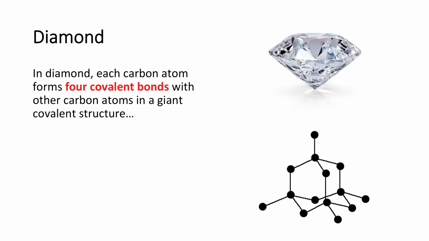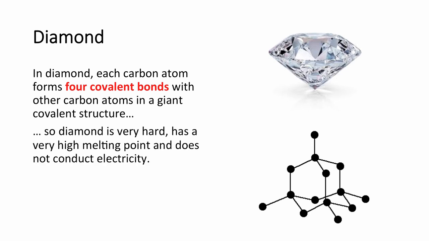Diamond, first of all. In diamond, each carbon atom is joined to 1, 2, 3, 4 other carbon atoms using strong covalent bonds. So diamond is one of the strongest and hardest substances known to man and has a very high melting point, and of course cannot conduct electricity because it has no delocalized electrons to carry the charge.